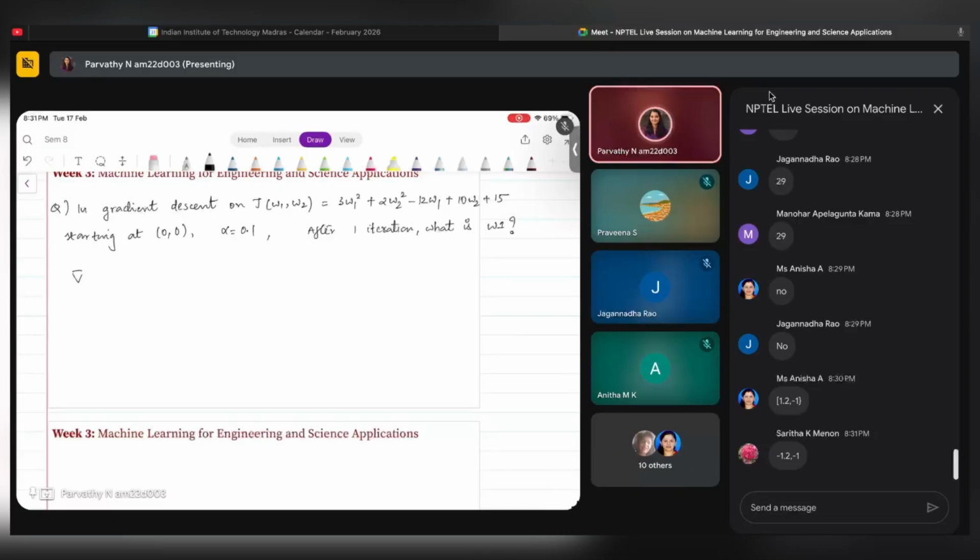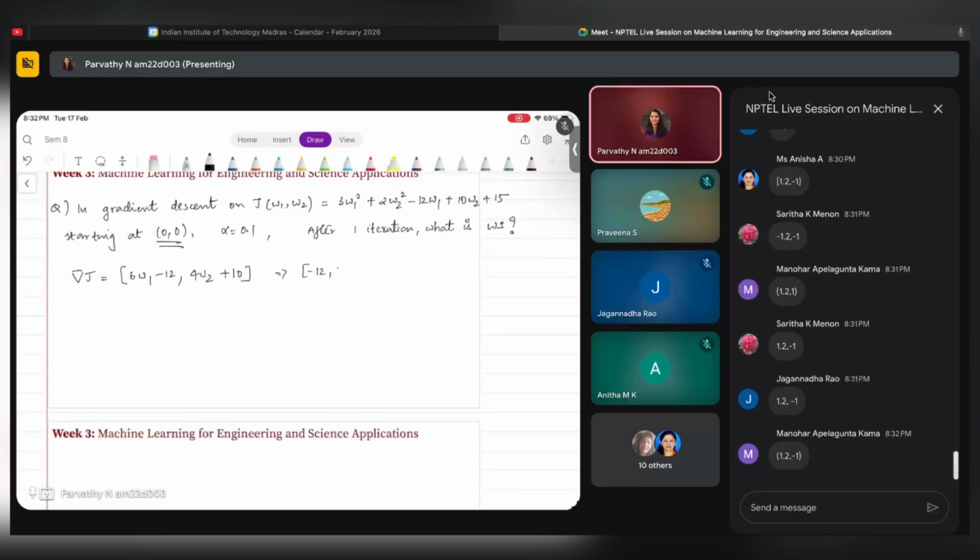So the gradient is 6W1 minus 12, and with respect to W2, it is 4W2 plus 10. So the starting point is 0, 0. So it is minus 12, 10.